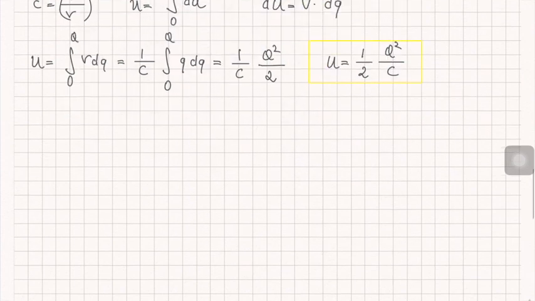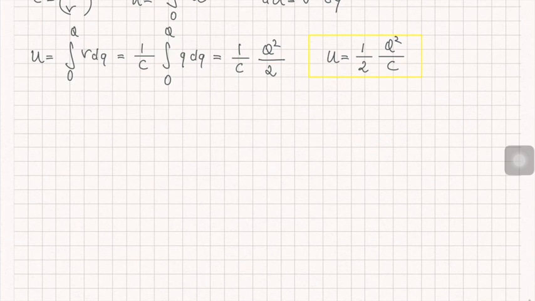Okay, so now we can reformulate this a little bit. So with Q equals C times V, then we're finding U equals 1 over C times Q squared over 2.